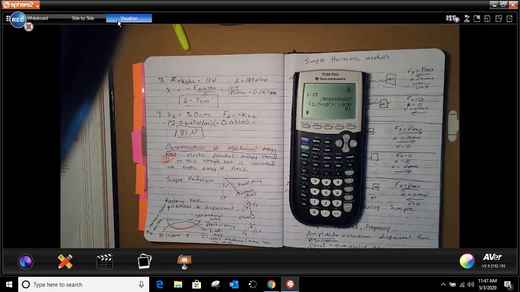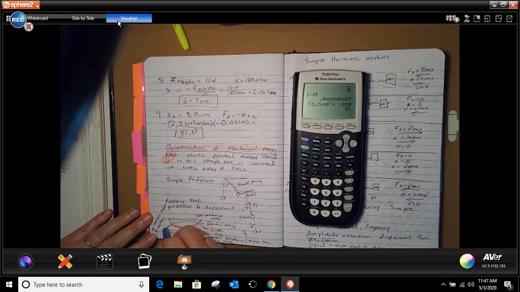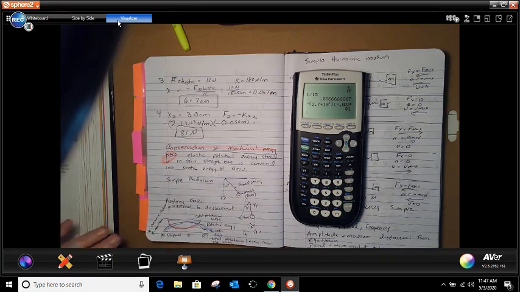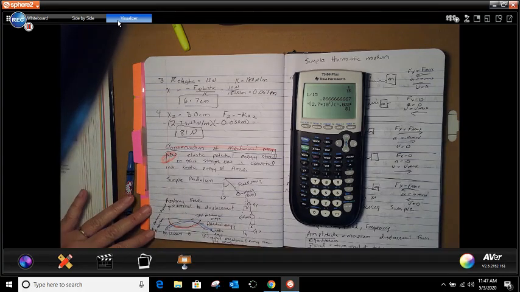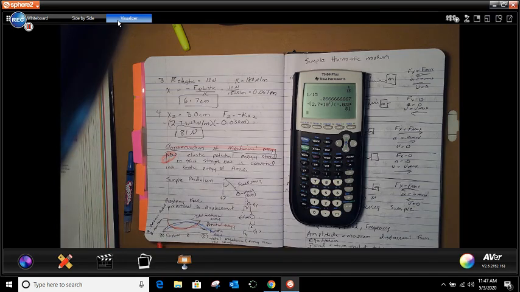Sorry, I'll get something to follow that with. Okay, this right here is your potential energy, this right here is your kinetic energy, and your total mechanical energy is the line on top. A is the maximum displacement, B is the equilibrium, and C is the total mechanical energy remaining in that system.